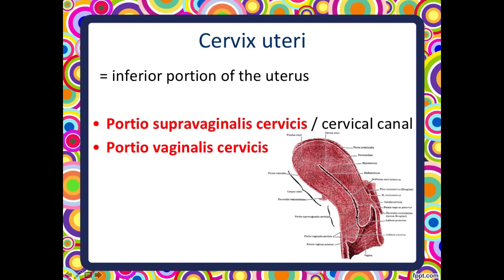The cervical canal is lined by the typical one layer of columnar cells. But the portio vaginalis cervicis, which is visible from the vagina during colposcopy, is covered by the stratified squamous epithelium, similar to the epithelium of the vagina.